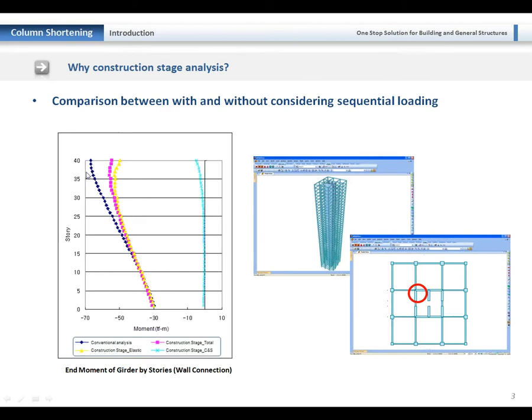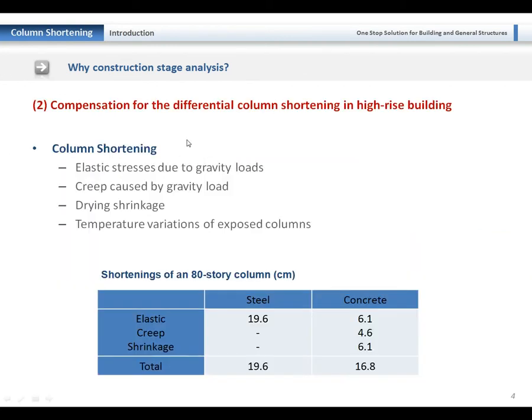When we consider the time-dependent effect and the construction stages, the moment can be different, as you can see, by about 40%. For a high-rise building higher than 30 stories or above, we normally consider the construction stage analysis.